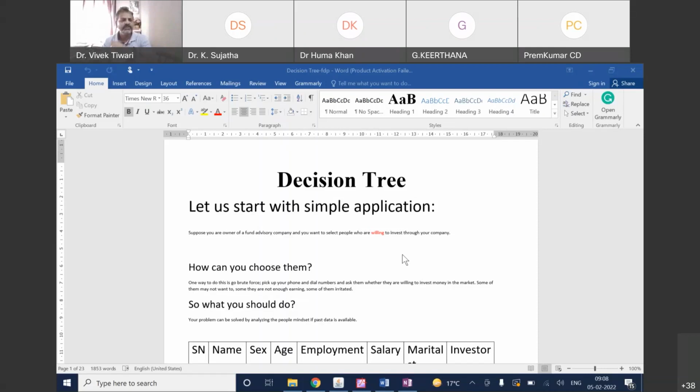One solution may be that you hire some persons who will start calling the people one by one. You have a set of such employees, or telecallers, you can say, who start calling each and every person whose detail is available with you. This is called a brute force approach in any way.